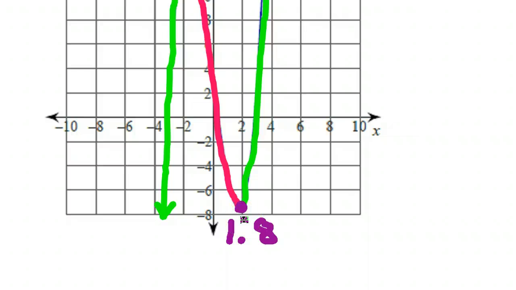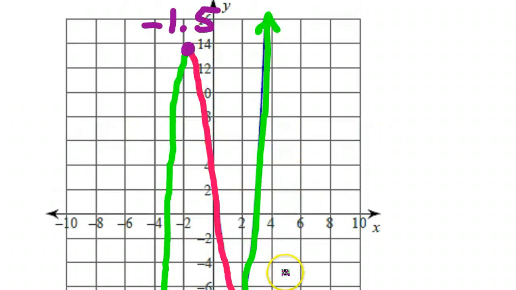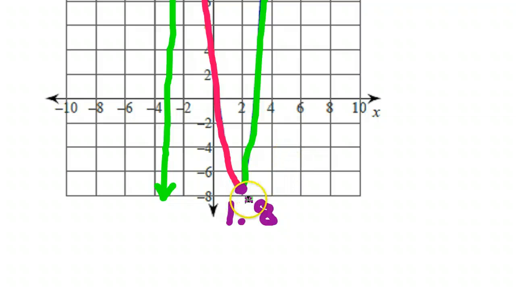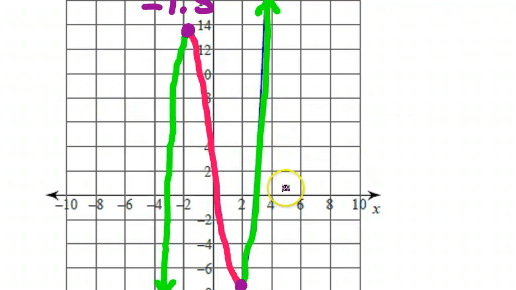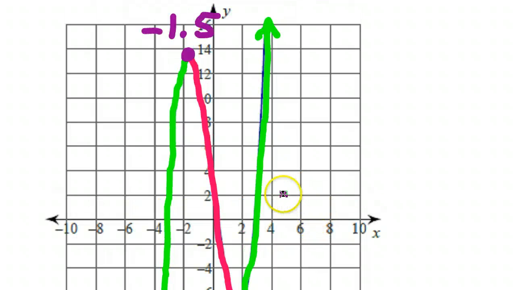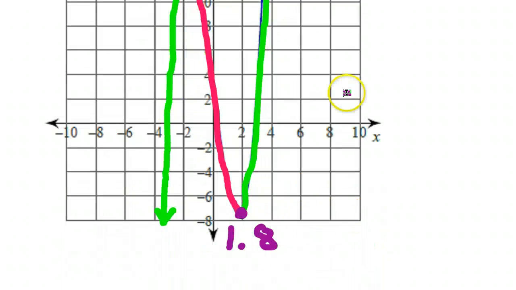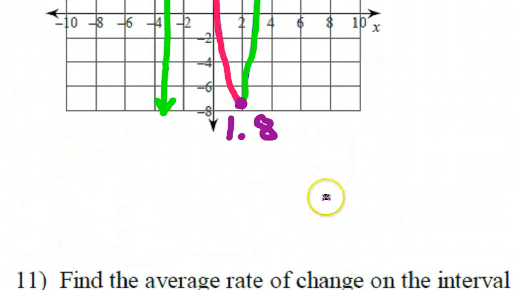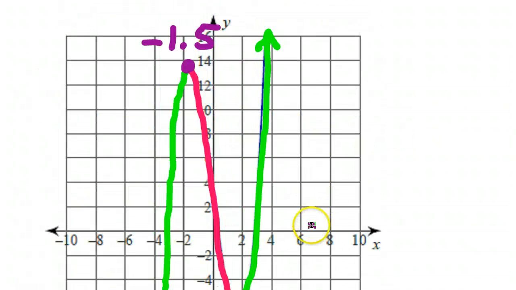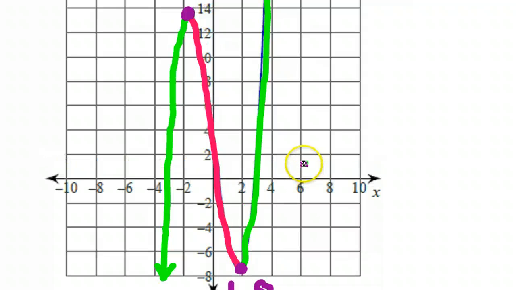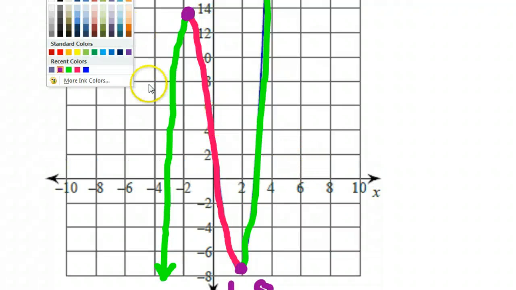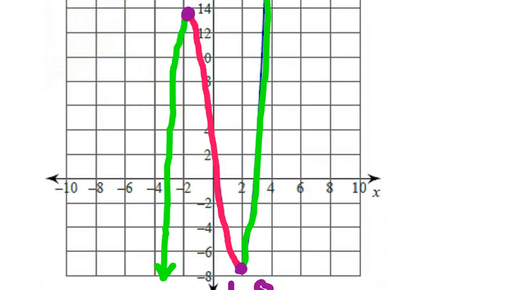Something like about 1.8 looks good to me. So if I want to talk about intervals of increasing, well, let's see, which one do they ask me first? I can say it however I want. So let's do intervals of increasing first, since that's just the first thing that I see.